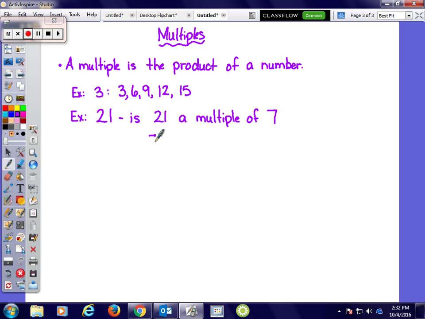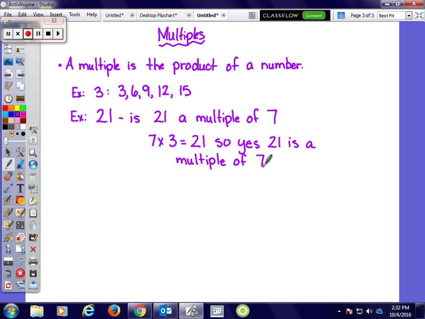Well, yes. 7 times 3 equals 21. So yes, 21 is a multiple of 7. Okay, it's also a multiple of 3.